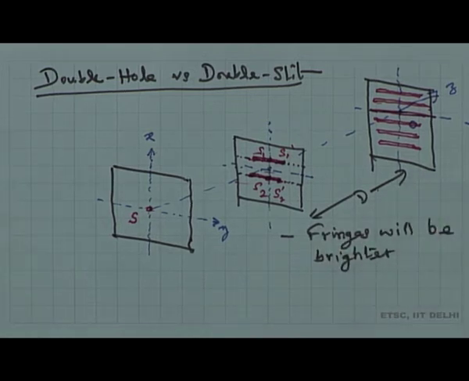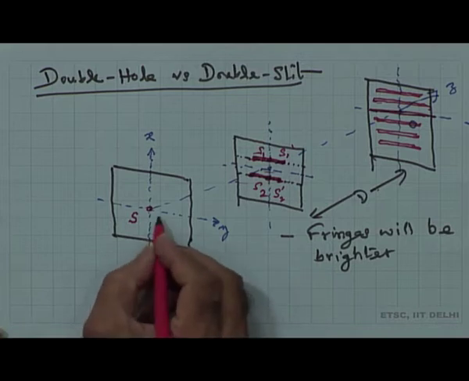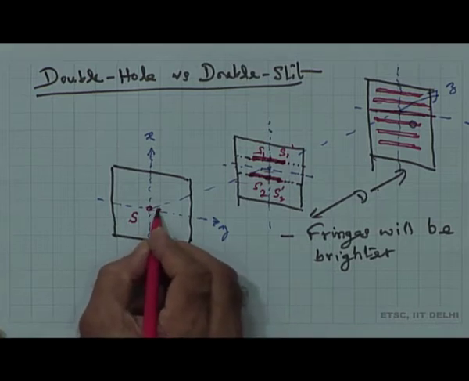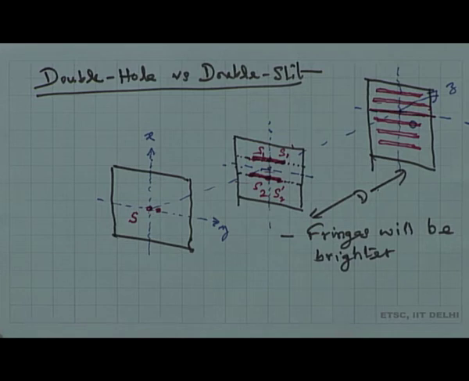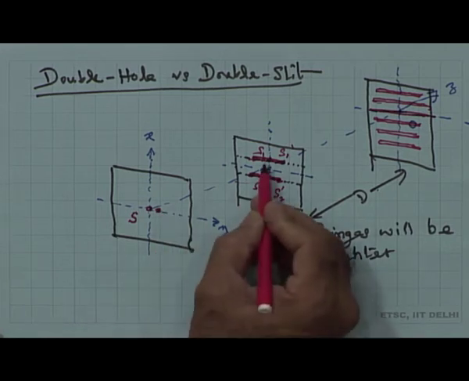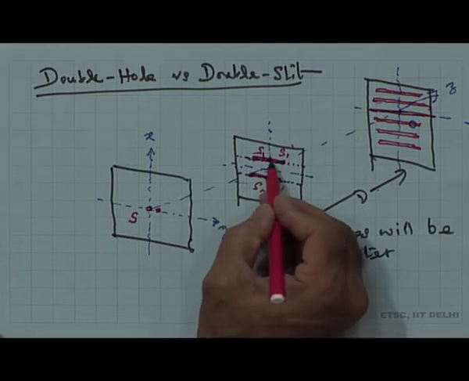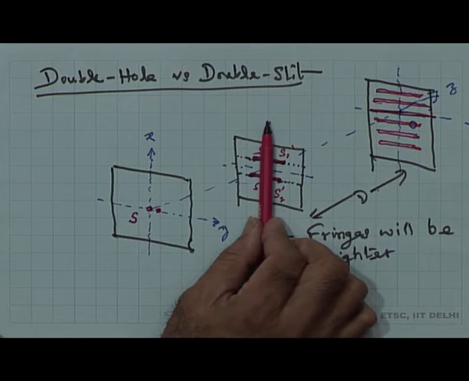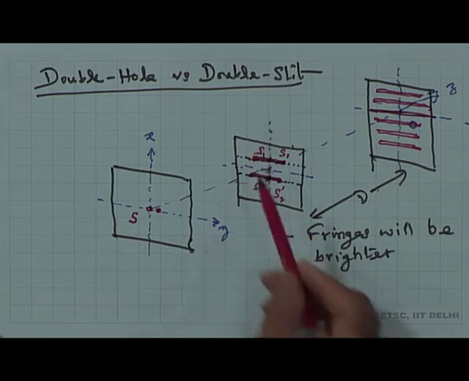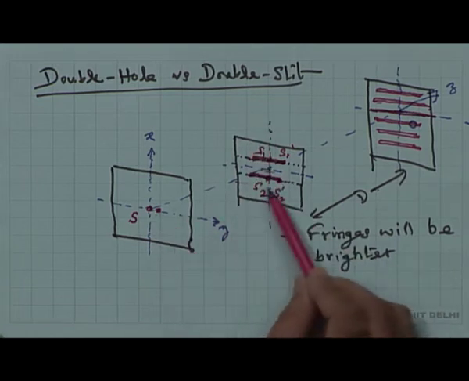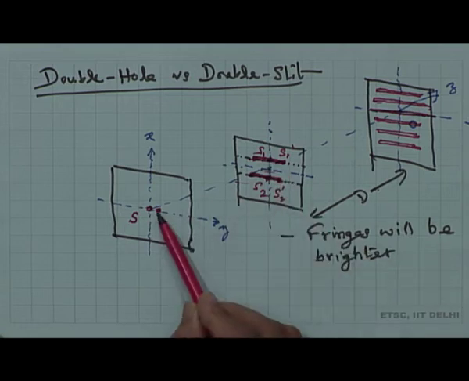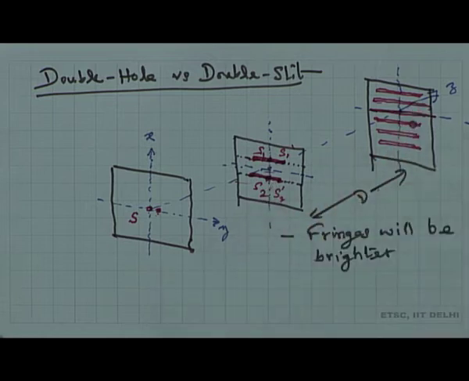If we now extend the same argument, and if we have, instead of one pinhole here, a number of pinholes, then any pair of points on this vertical line will be in phase because of this source, and we will get again the same fringe pattern.